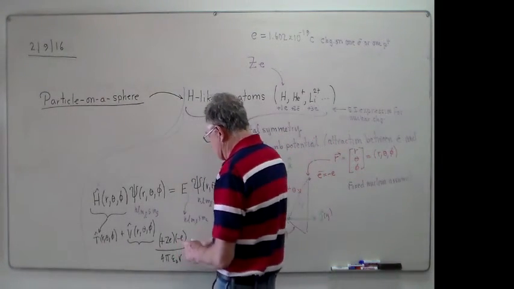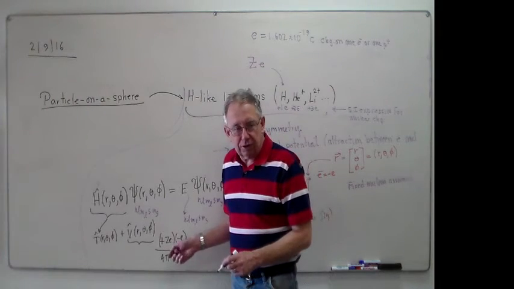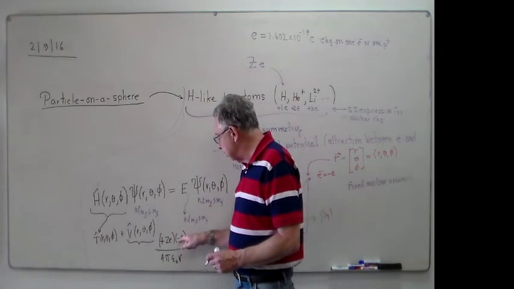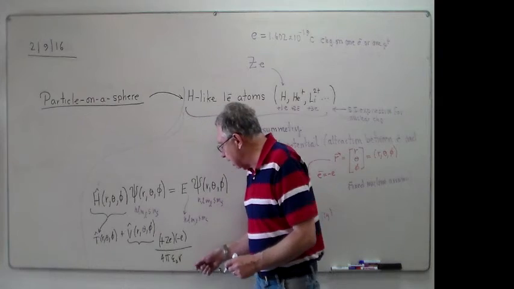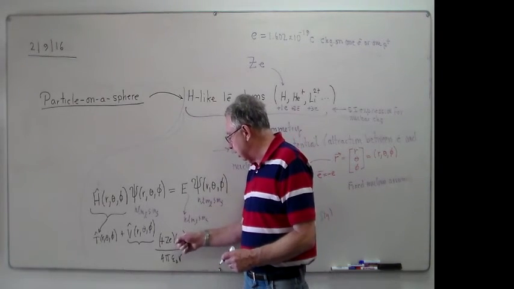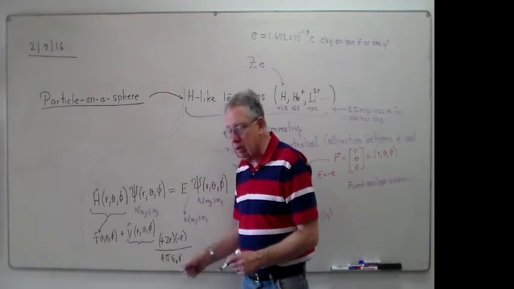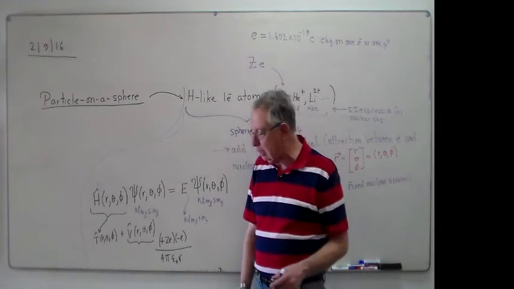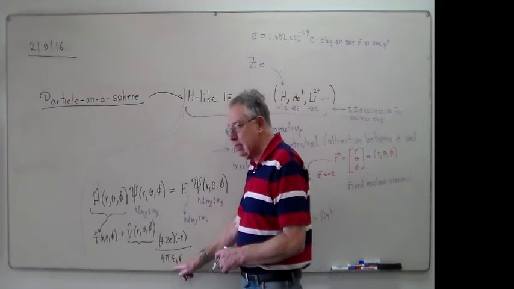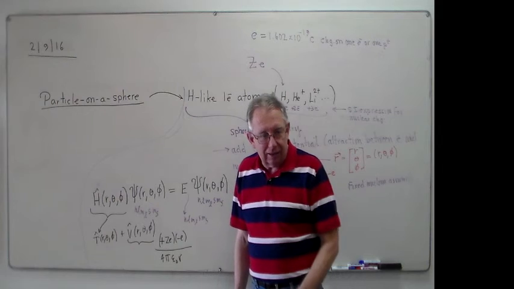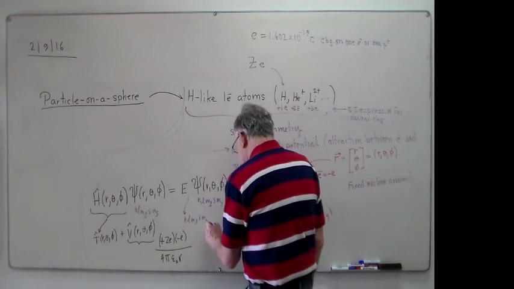Okay, so this is the Coulomb potential. This is the attractive potential, notice it's negative, between the negative electron and the nucleus with charge plus ZE. Epsilon 0, do you remember what that is?